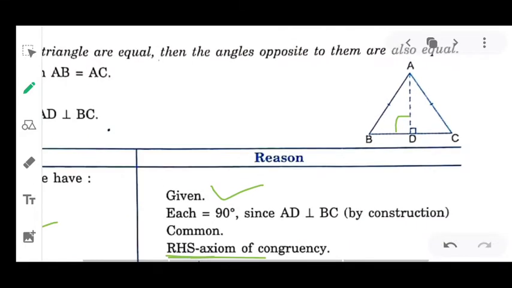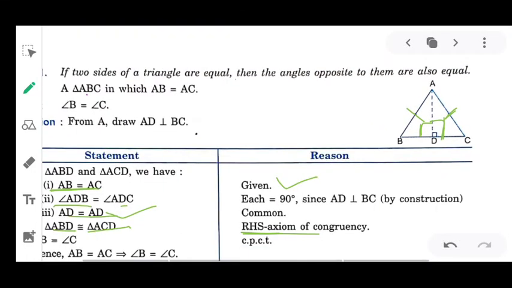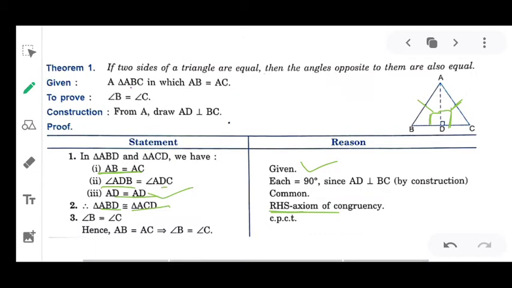So the right angles are ADB and ADC. Clear? And the hypotenuse for triangle ABD is AB, and for triangle ADC the hypotenuse is AC, and AD is common. So triangle ABD is congruent to triangle ACD by RHS.